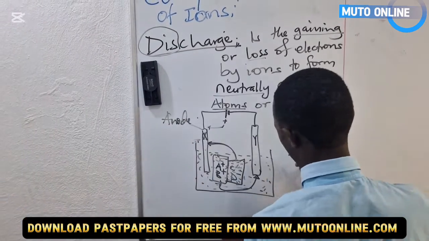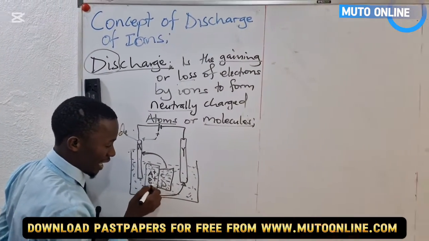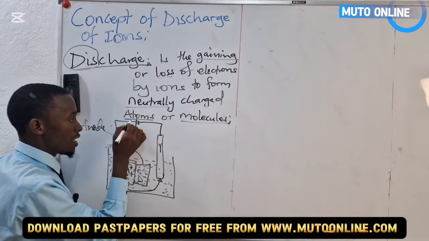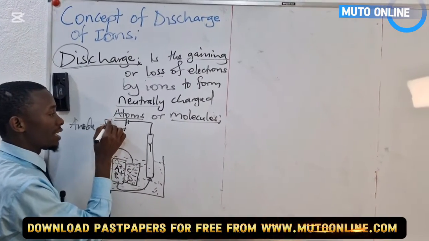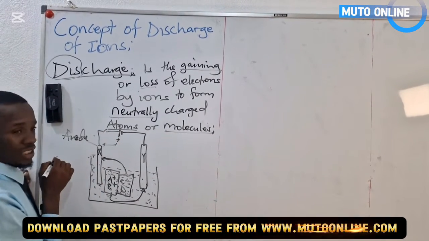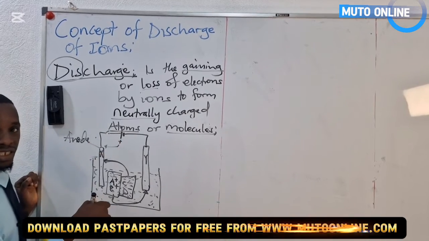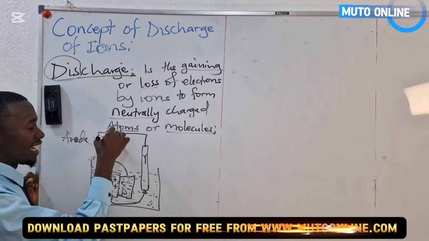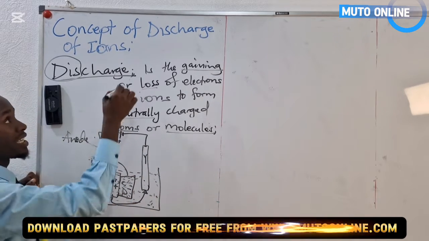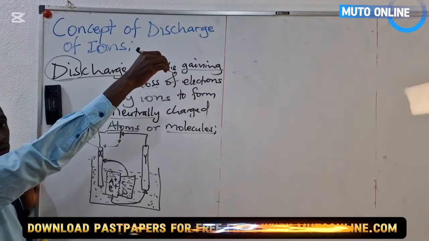Members, for this electrolyte to form these ions, A, B, C, and D, it will only be possible if, let's say, we had a switch here, and this switch is closed. If this switch is closed, the circuit is complete. It will create a current that will pass through this electrolyte, making it decompose like we saw in the previous video.